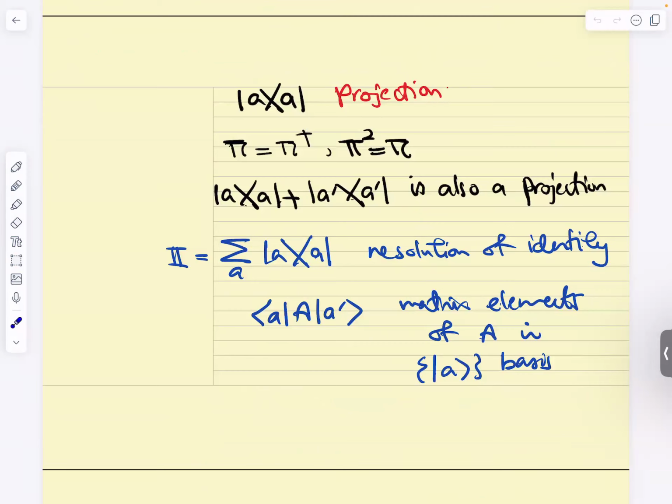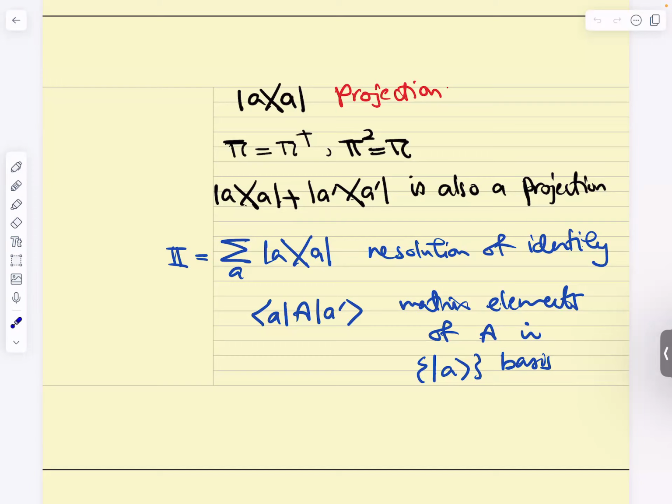Now I gave you another, more general definition of projection. An operator pi is a projection if it's Hermitian, and on top of it, it squares to itself. So this is a projection, you could check. But if you take two projections that are orthogonal and add them up, the result is also a projection.